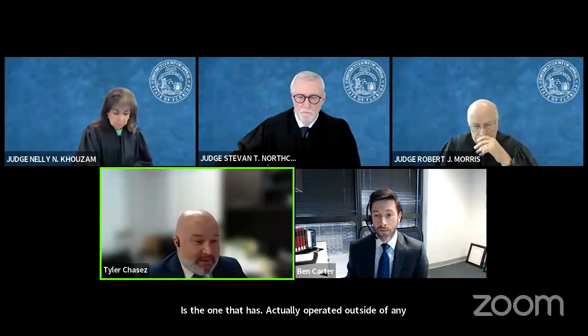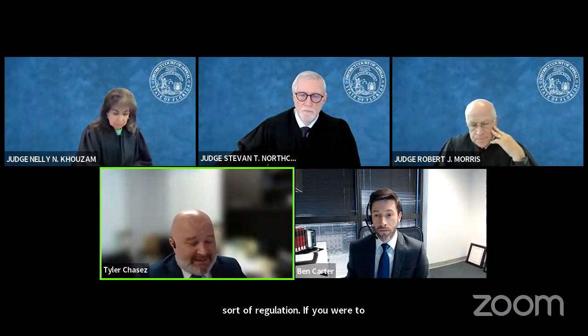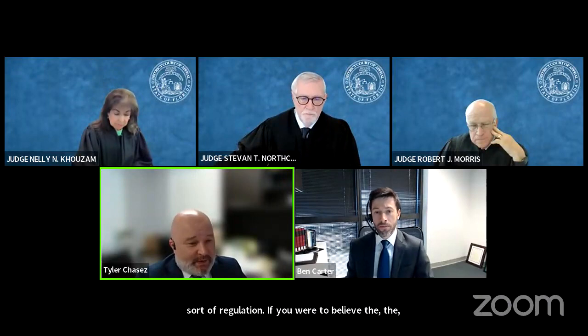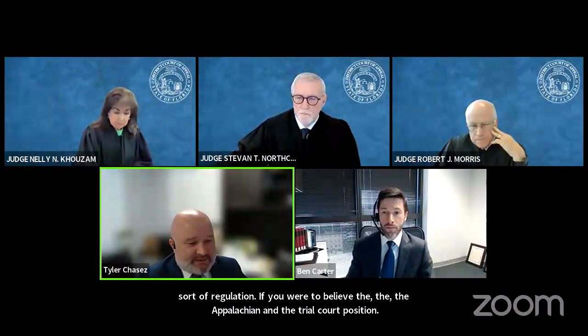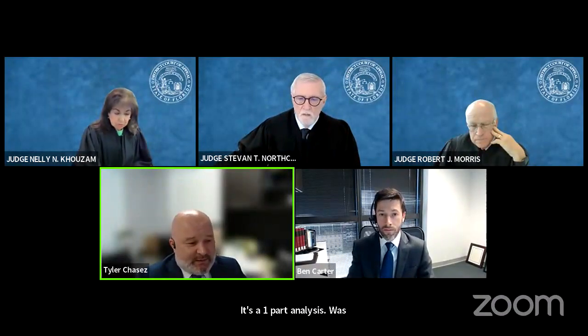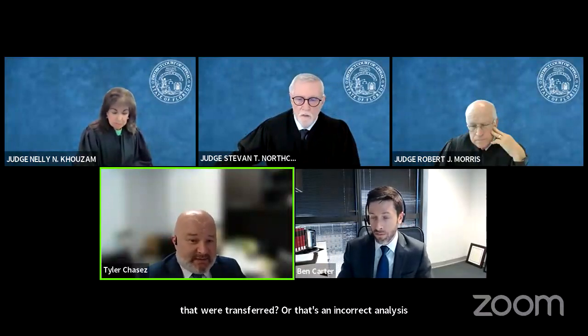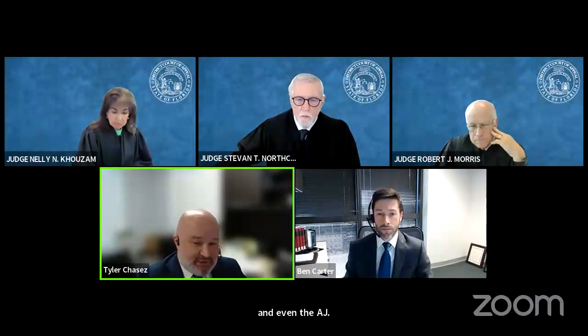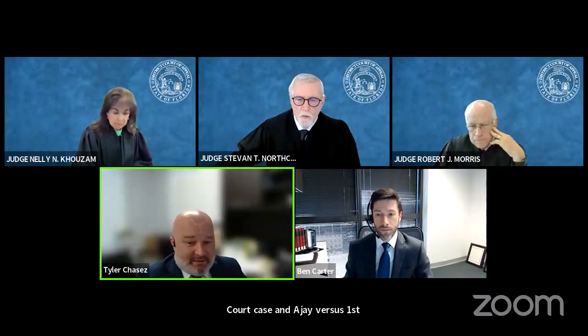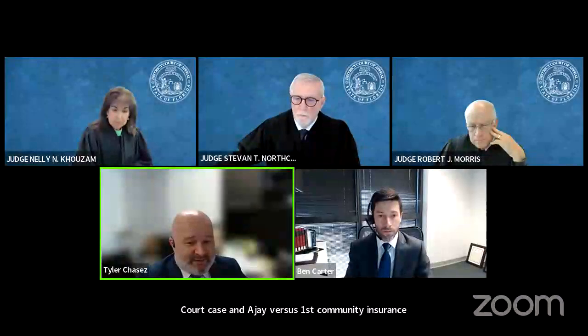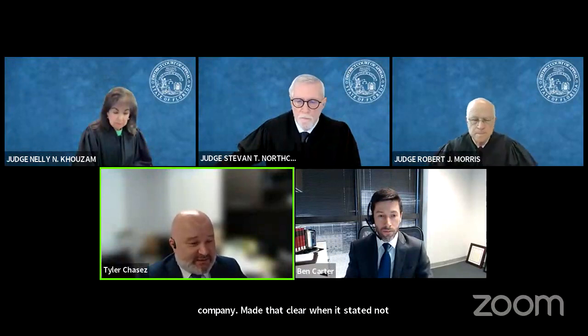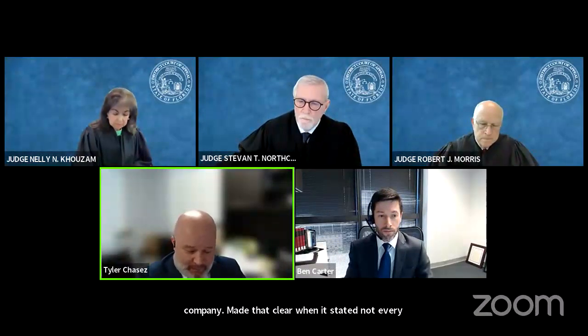If you were to believe the appellee's position and the trial court's position, it's a one-part analysis. Was there post-loss benefits that were transferred? However, that's an incorrect analysis, and even the court in AJ versus First Community Insurance Company made that clear when it stated not every assignment triggers the requirements of section 627.7152.